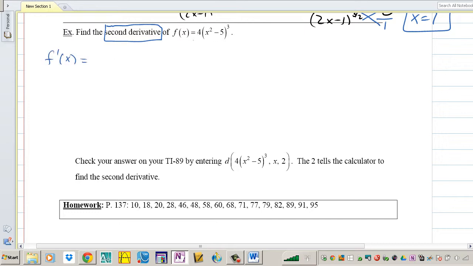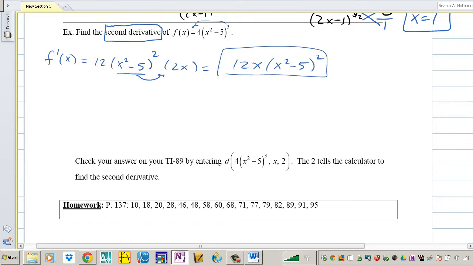The first derivative is going to be 3 in the front, so it's going to be 12x squared minus 5 to the second, then chain rule 2x, which is going to be 12x times x squared minus 5, squared. That's the first derivative. Now I need to find the derivative of this guy. So it's going to be f double prime, which is the second derivative.